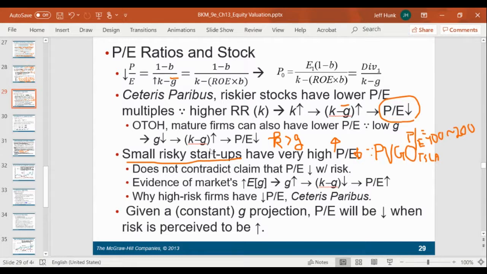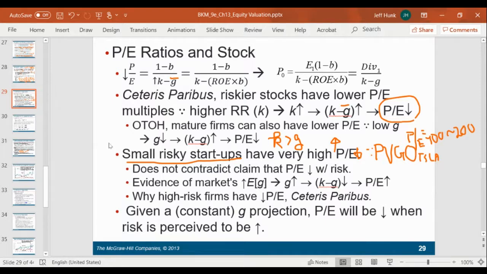Most mature firms pay good dividends. Mature firms are what's called cash cows. They are mature, which means they have huge market share. Huge market share means what? They have cash coming in and they have huge revenue, right?